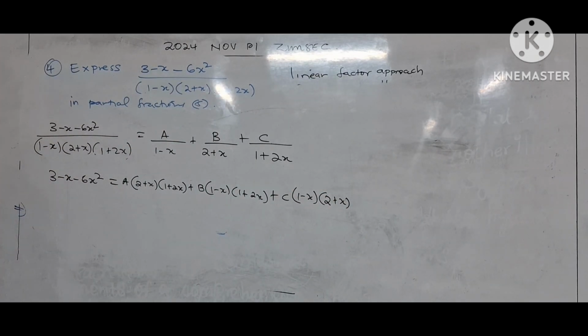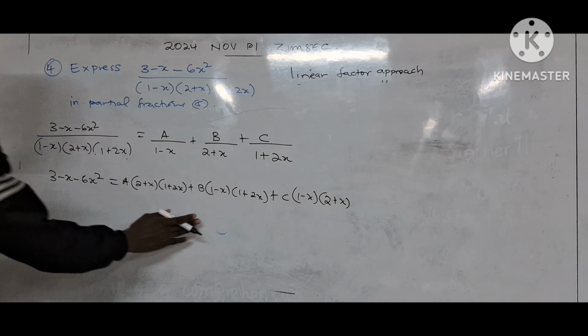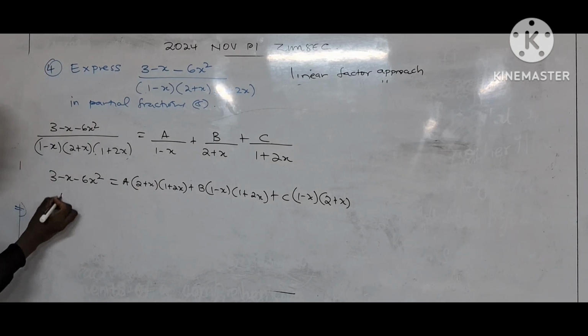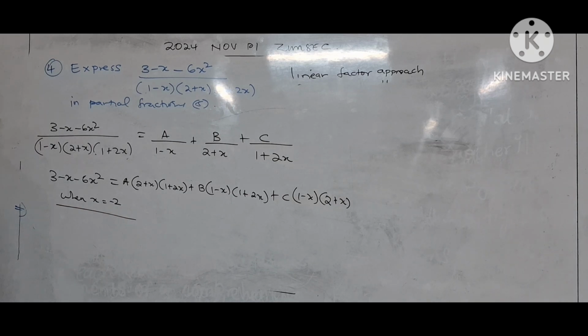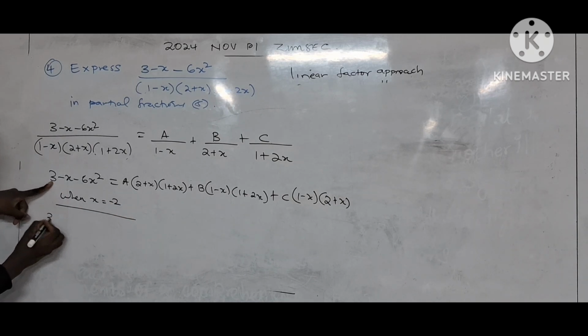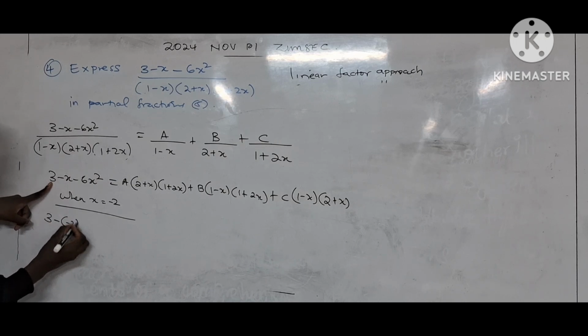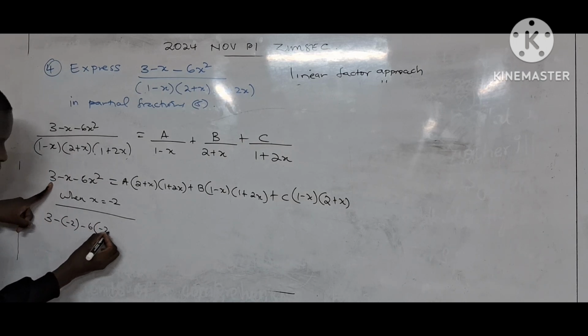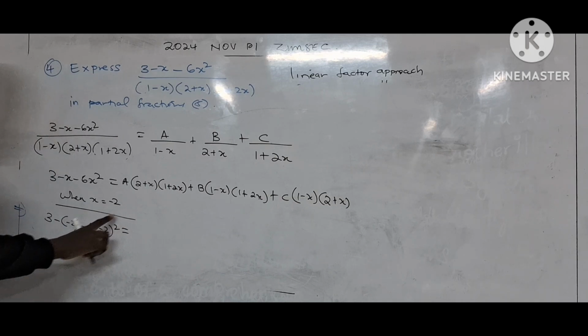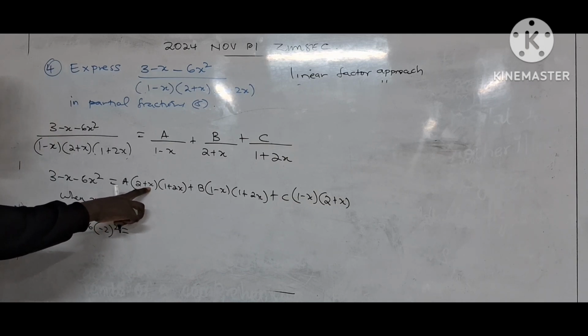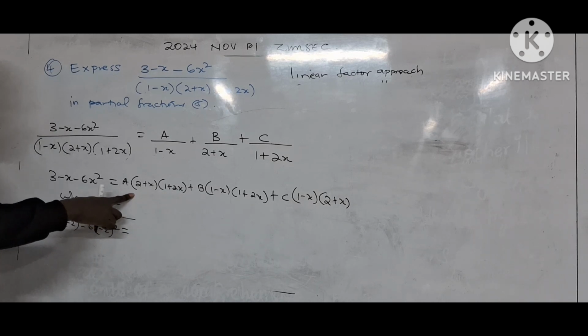So we use the cover up method. You can make use of the cover up method when x is equal to minus 2. When x is equal to minus 2, it becomes 3 minus 2 minus 6 into (minus 2) squared, is equal to, here if you put minus 2 plus 2 is 0, so this will become 0.